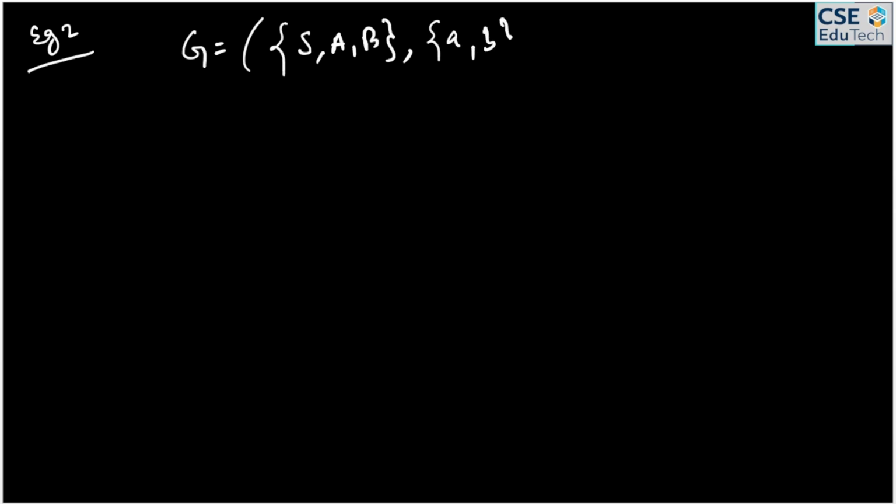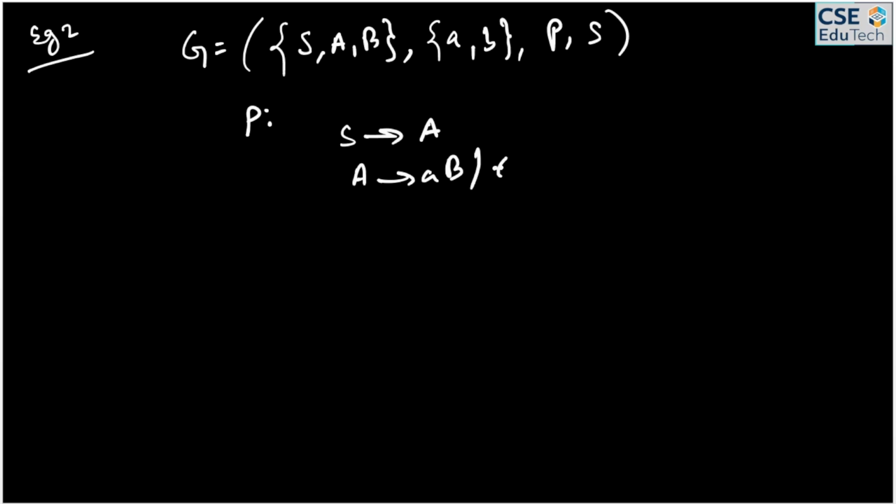Now we'll take another example. Suppose there is a grammar G defined in this way: S, A, B, then productions with start symbol S, where S to A, A to AB or epsilon, and B to AB.